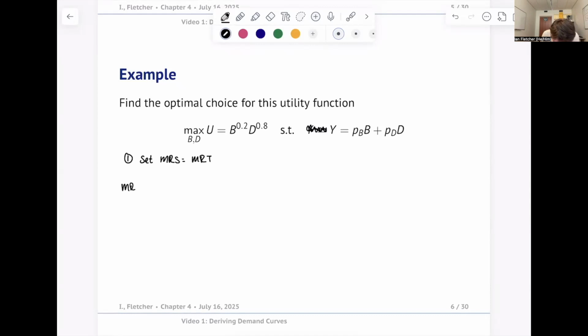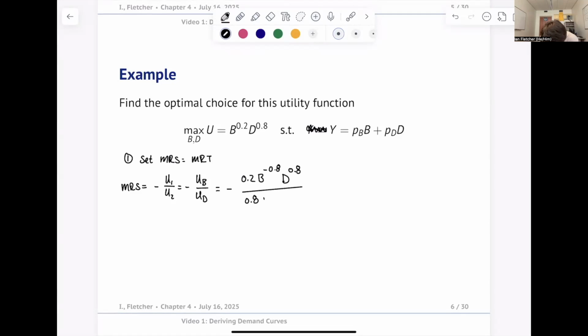In our instance, it's going to be utility of beers over utility of donuts, and remember UB is just the partial derivative of U with respect to B. So 0.2 B to the minus 0.8 D to the 0.8 over 0.8 B to the 0.2 D to the minus 0.2.